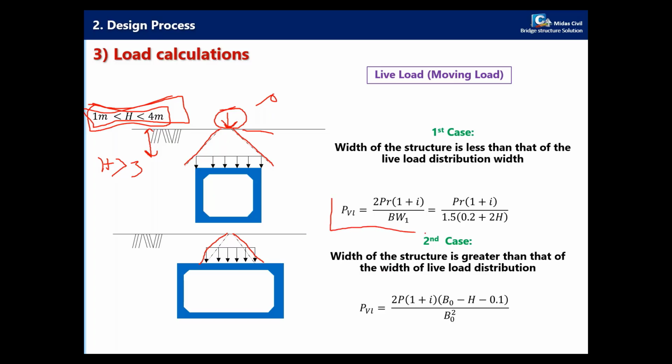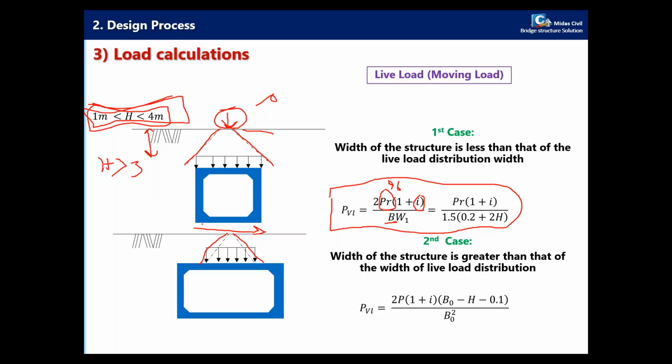These are formulas that I will not explain; you can use the code to calculate them. The value we calculated previously is 96. I is the impact factor, B is the width of the structure, and W is the width of the live load distribution.